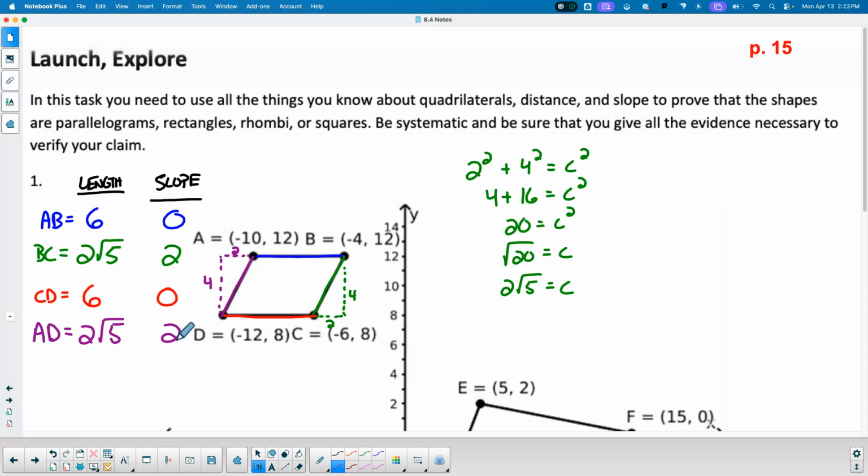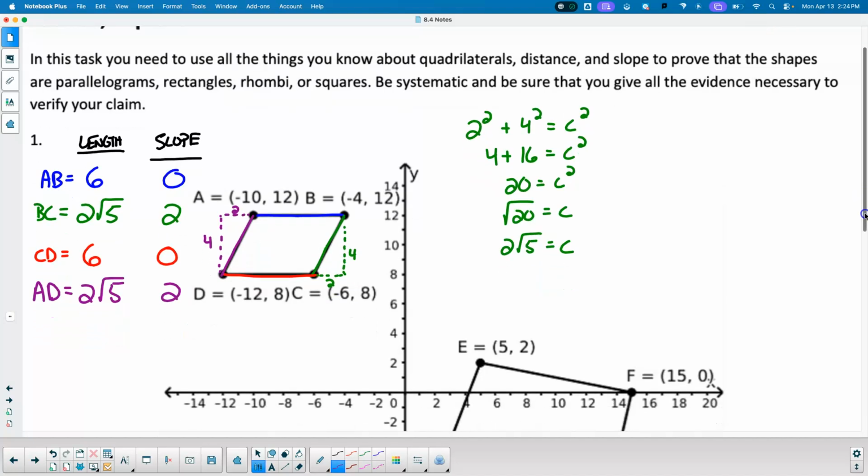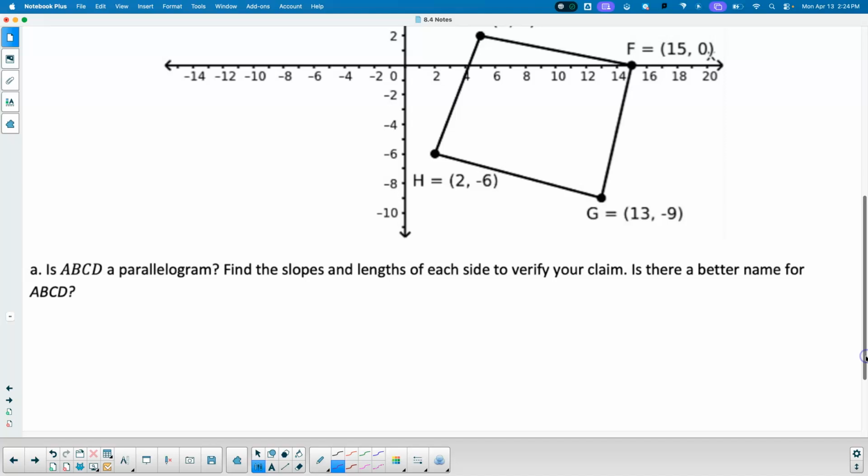Okay? Do I have a parallelogram? Yep. I've got 2 pairs of parallel sides. I've got 2 pairs of opposite equal sides. Okay. Can I classify it as anything more? Yay or nay?